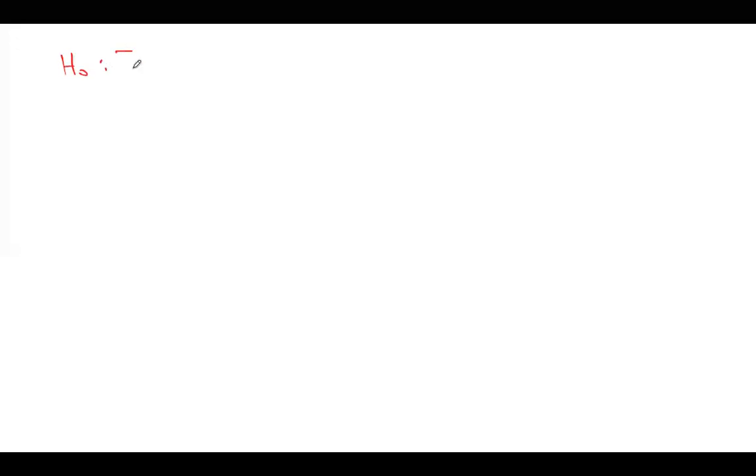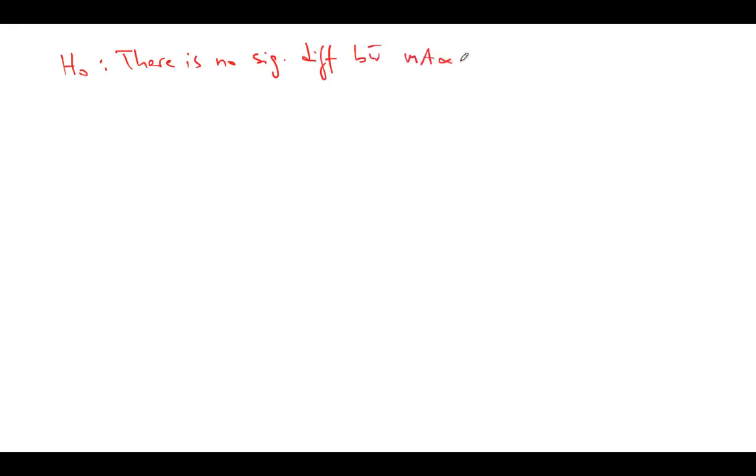For example, there is no significant difference in something between medication A and medication B in decreasing systolic blood pressure. So this is my hypothesis. My starting point is that there is no difference between them.